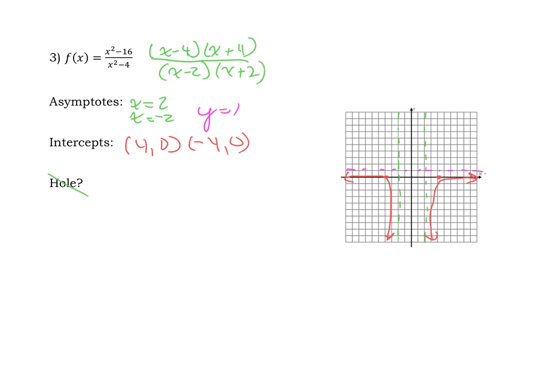Sometimes it depends on where we find our y-intercept. My y-intercept, remember, comes from the constant over constant. So -16 over -4 is at +4.